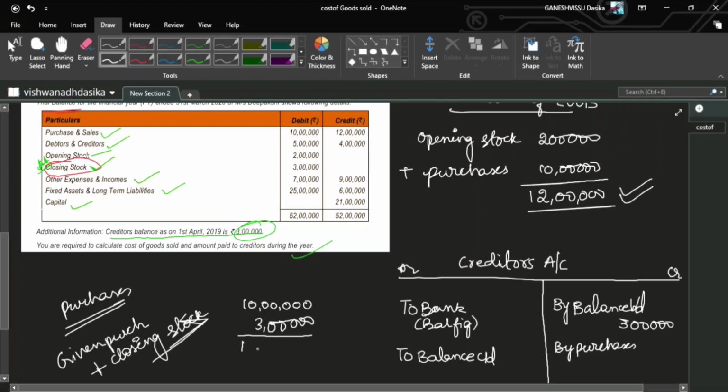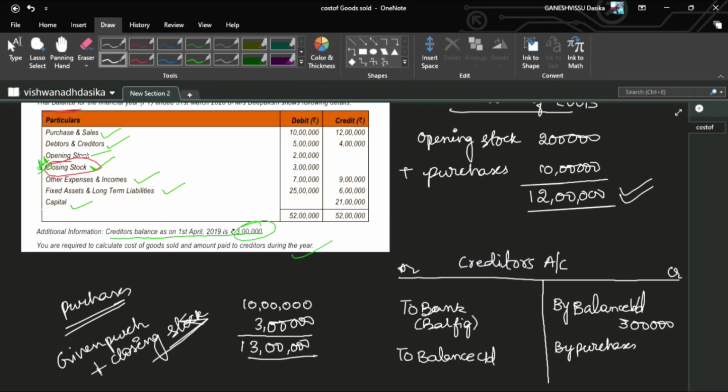Total is 13 lakh rupees. That means for purchases we have to consider the closing stock. For opening stock we consider it for cost of goods sold, but closing stock also we are going to use, whenever the closing stock is not yet provided in the trial balance.